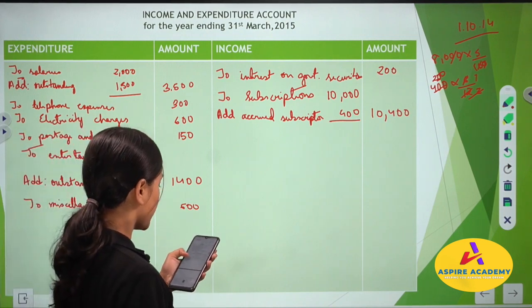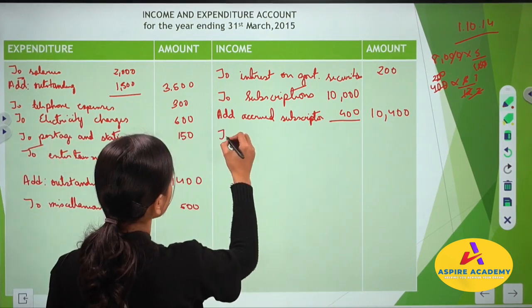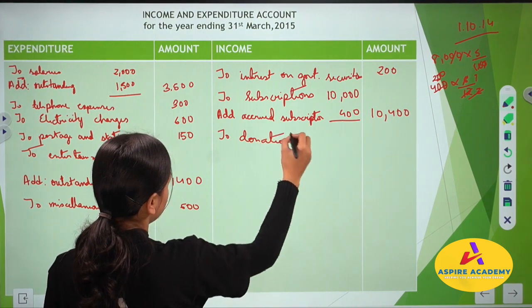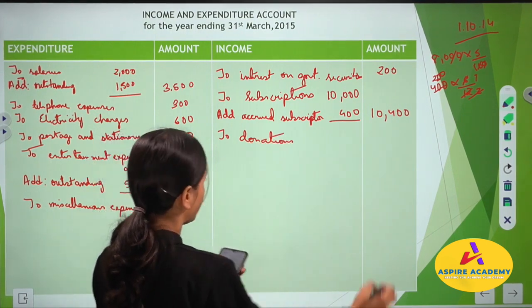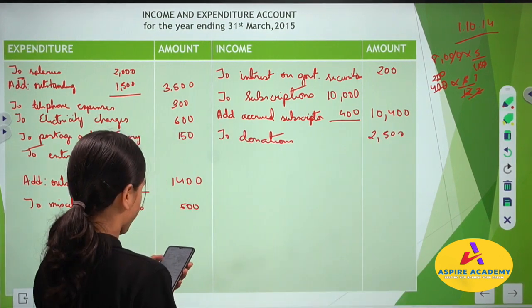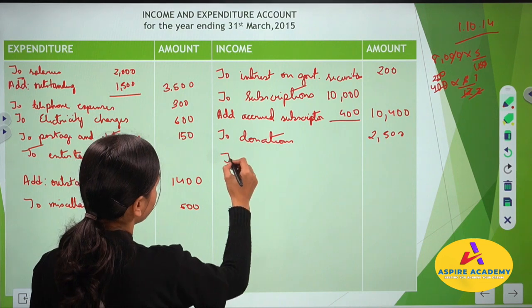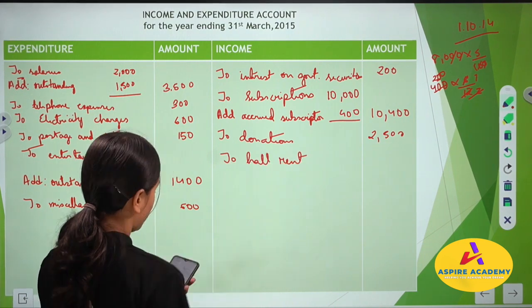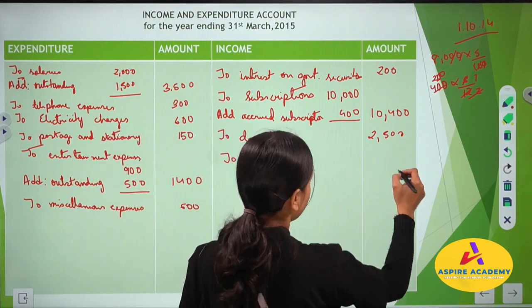Next is your donation. Donation received. So the donation amount is 2,500. Next is hall rent received. The hall rent is 300.